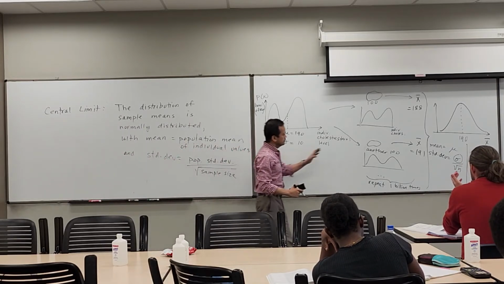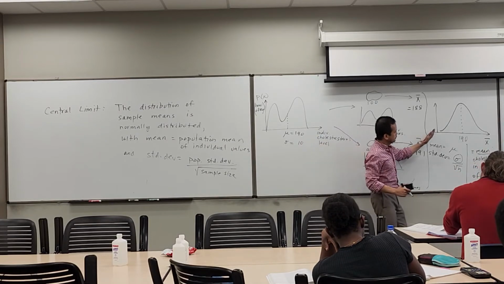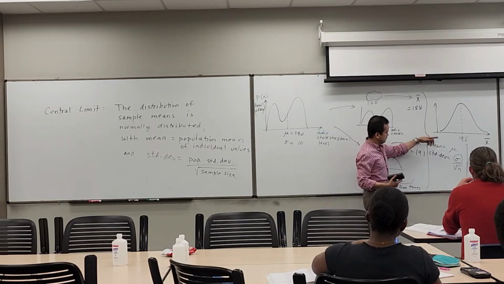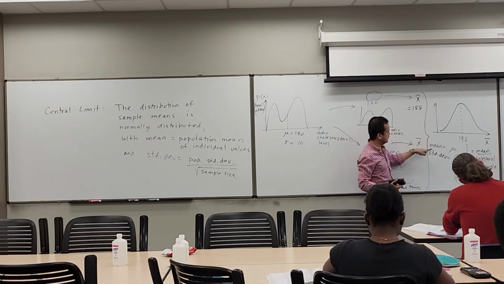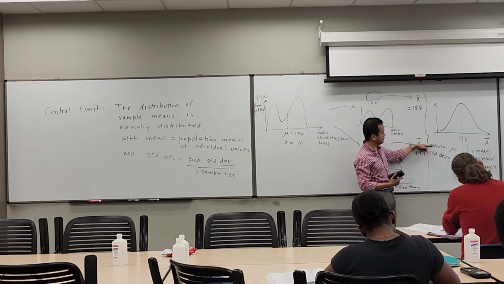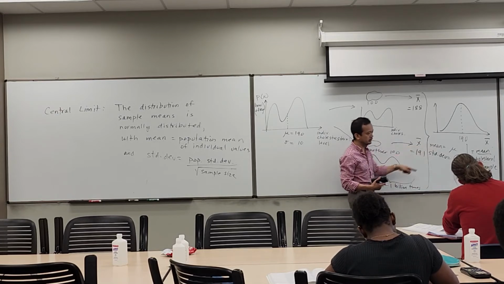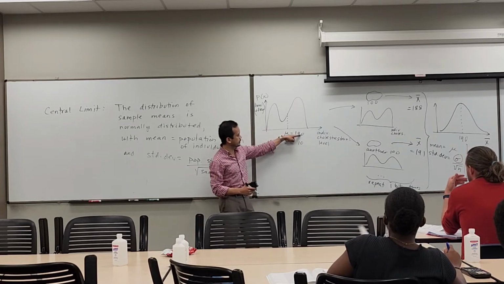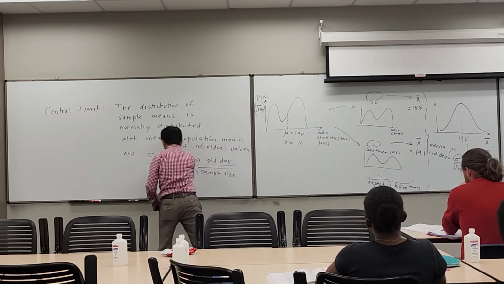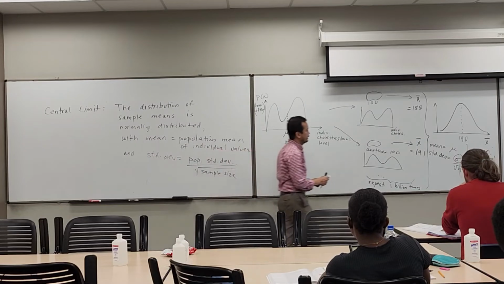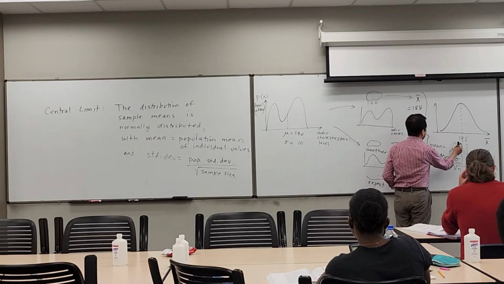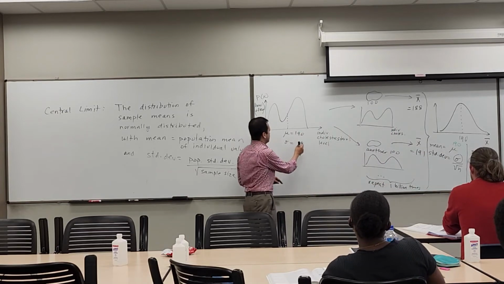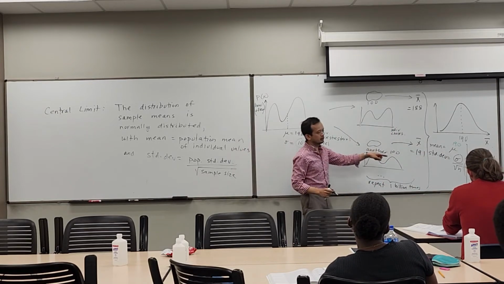So in this case, when we have this resulting distribution of sample means, we said that this has to be a bell curve, so let's find the mean and the standard deviation together. What should the mean be? Clustered around the original population mean of 190. So in this example, the mean will be 190. And then the standard deviation will be the original standard deviation, which is 10, divided by the square root of n.